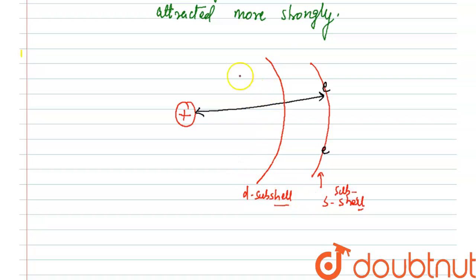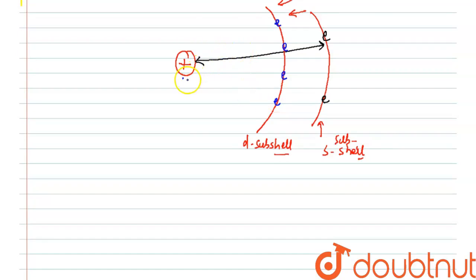Now in d block elements, the d subshell fills first. If you go across the period from left to right, the number of electrons keeps on increasing because the d subshell is adding more and more electrons. Due to the inner shell electrons, a shield will be created between the nucleus and the valence electrons, and due to this shield, the force of attraction between the nucleus and the valence electron will decrease.